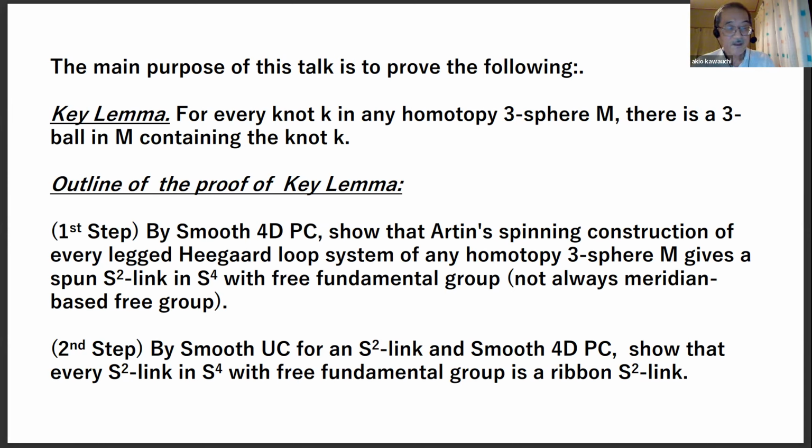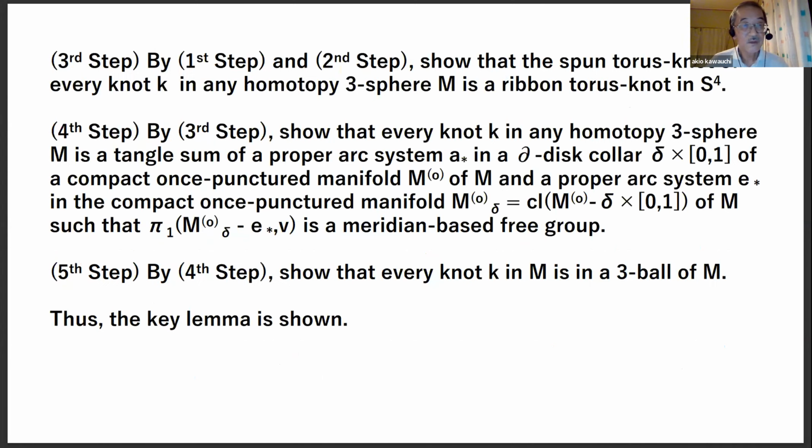Second, by the smooth unknotting conjecture for an S2 link and the smooth 4-dimensional Poincaré conjecture, every S2 link in S4 with free fundamental group is a ribbon link. Third, by the first and second steps, the spun torus knot of every knot K in any homotopy 3-sphere M is a ribbon torus knot in S4. I will explain ribbon torus knots later.